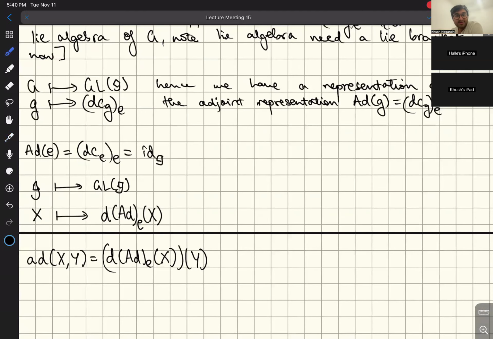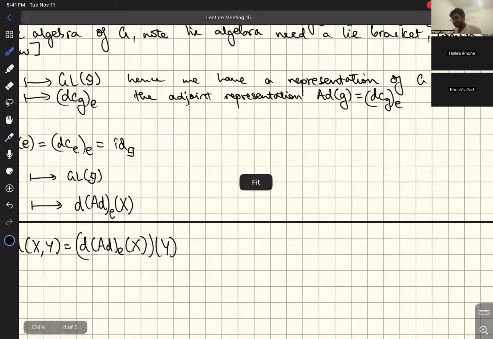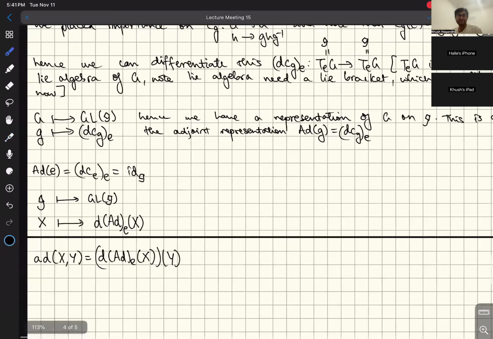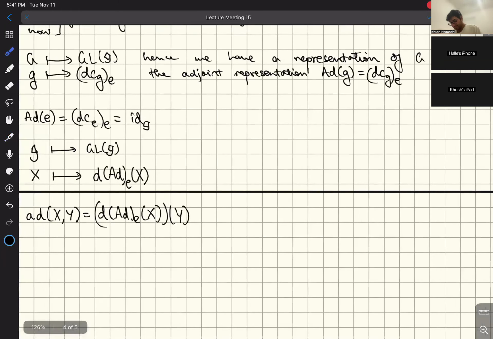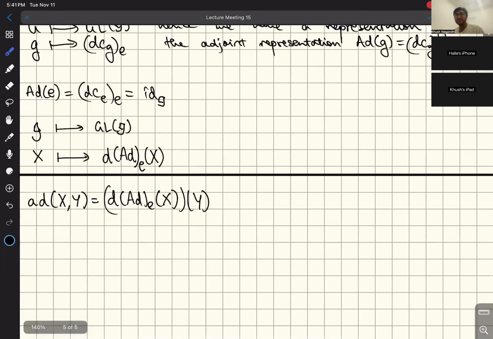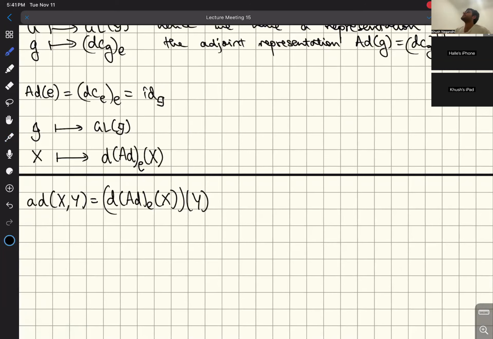Yes, I think so. Yeah, so you're essentially just taking the second derivative of the conjugation map, sort of. If you remember, we briefly talked about how higher order derivatives can be looked at as things in the tensor product.